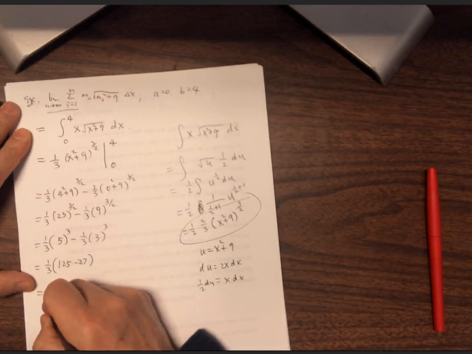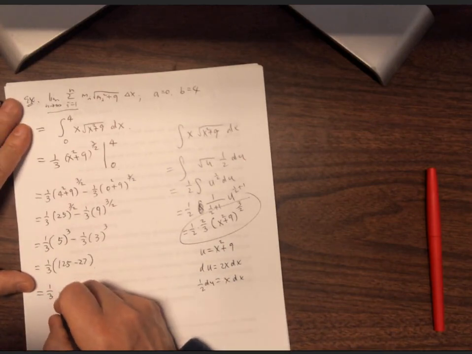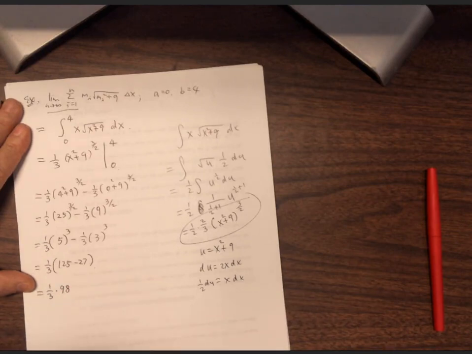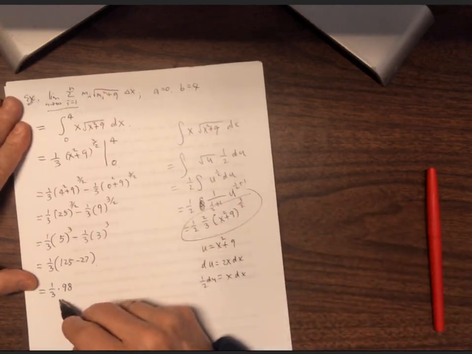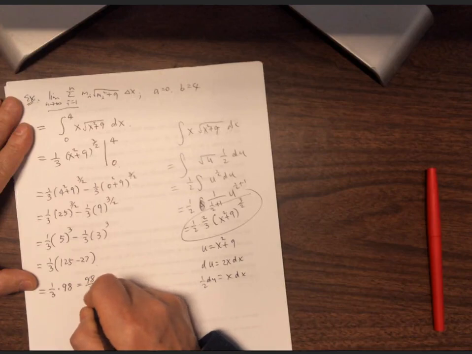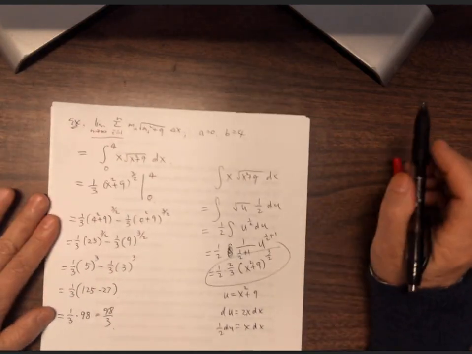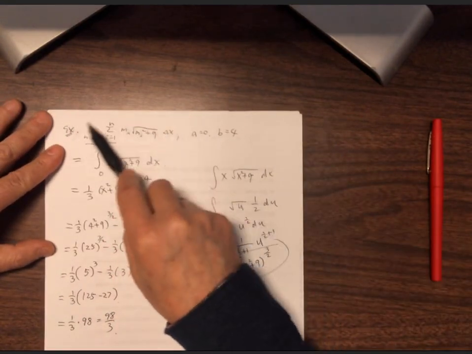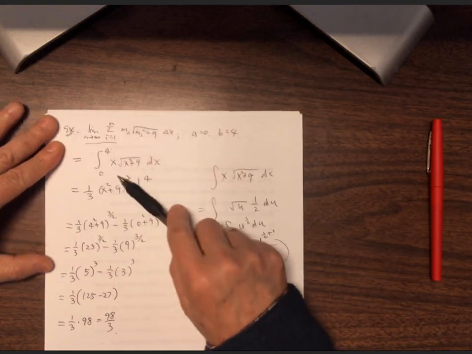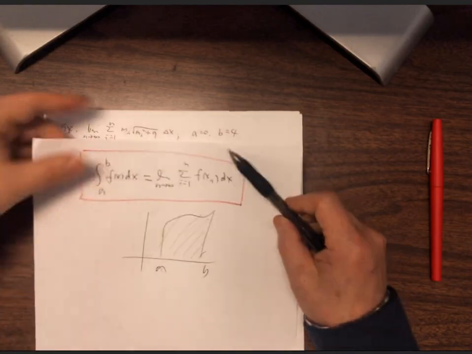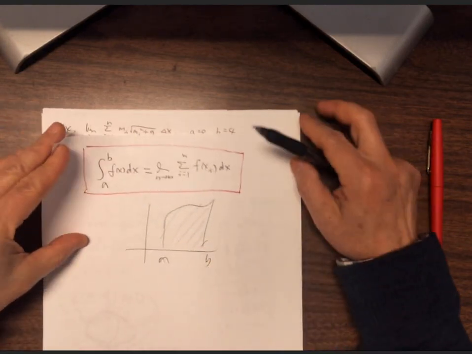It's going to be, what is that? 98. Yes. So it's 98 over 3. But anyway, this is how we find the value of the limit of a Riemann sum by evaluating an equivalent definite integral, because of this definition.